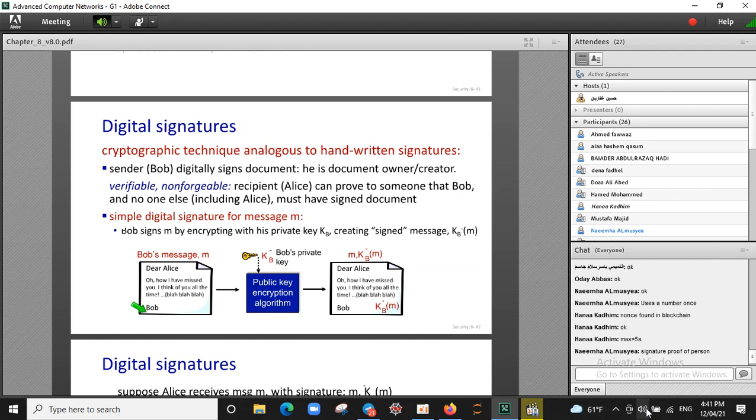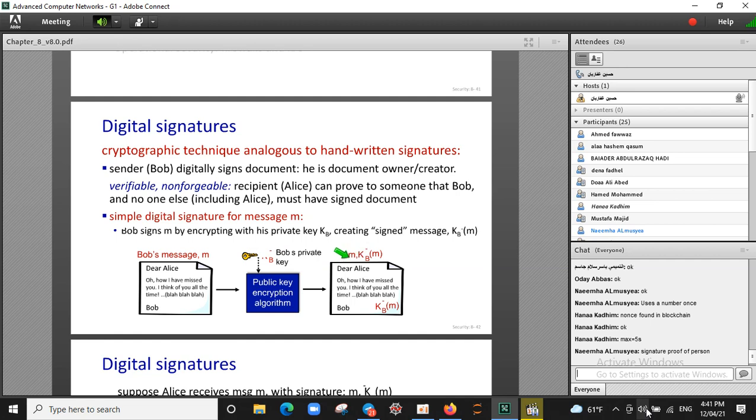Bob, if you are the real Bob, encrypt your message with your private key. Bob should encrypt his message with his private key, and then send the message.